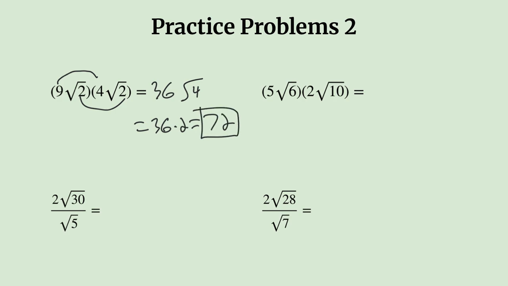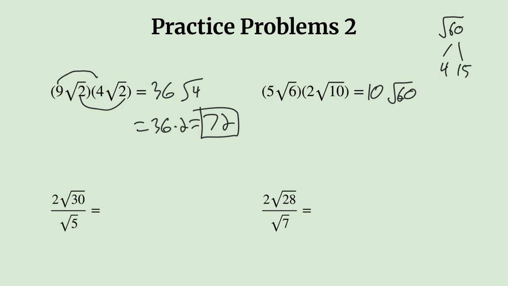Next one is 10 square root of 60. So to simplify a radical, you find a factor pair that goes into 60. Here, it would be 4 and 15. So 4 times 15 makes 60, right?